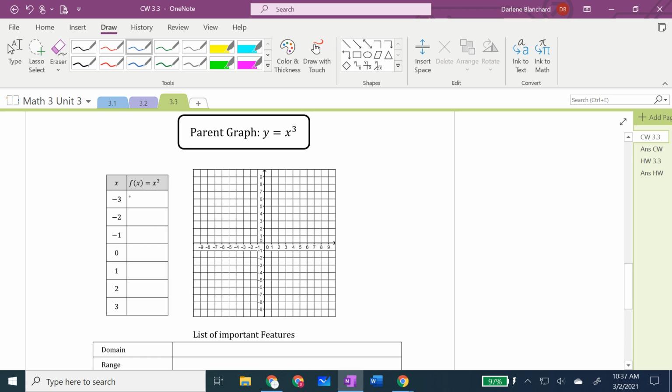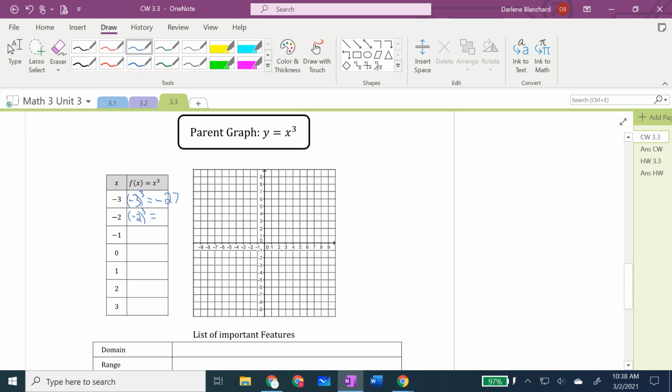What is -3 to the third power? -3 times -3 times -3. What are you guys getting? Good, -27.